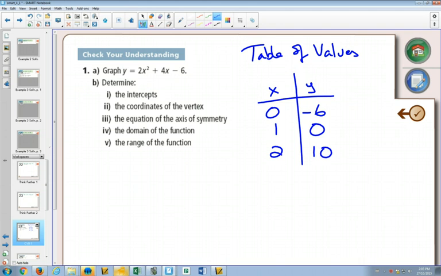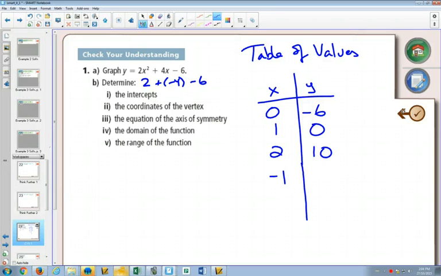So now I'm going to try some negative numbers on the other side just to see if I can get some of my numbers closer together. So I've done 0, 1, and 2. Let's try -1. What happens when we plug in -1? 2 times -1 squared would be 2 plus a -4 minus 6.